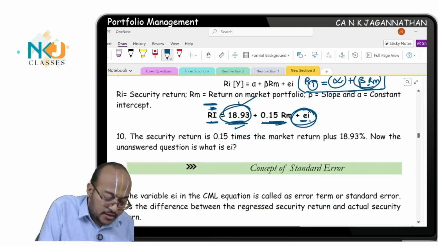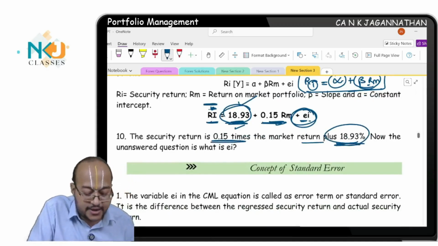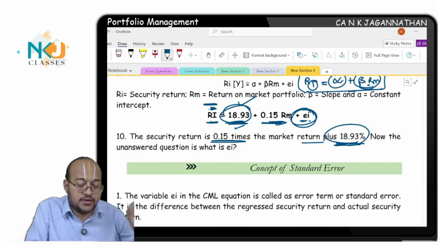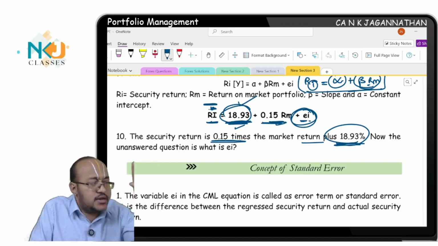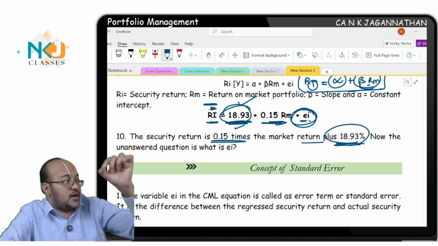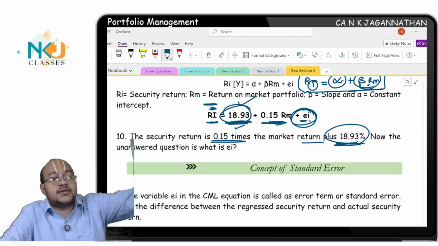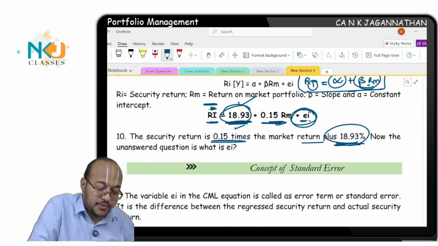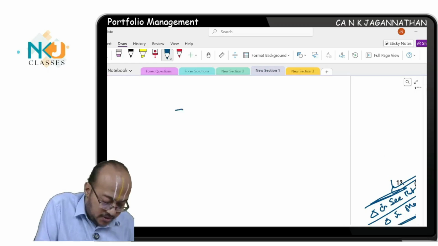Now, the security return is 0.15 times the market return plus 18.93. What is the understanding from this? 18.93 is just like, in CAPM you had RF on the y-axis, correct? Which means RF plus beta into RM minus RF. In CAPM, what happens?